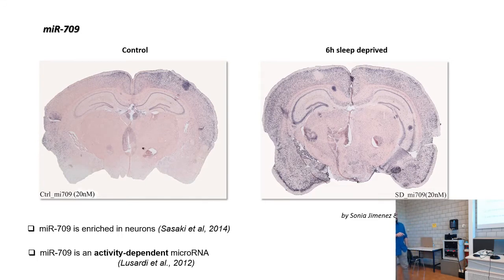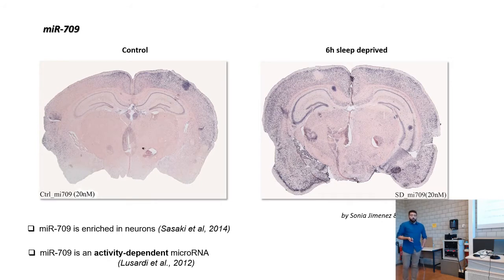So, what does this all mean? Basically, this is a brain slice from a control mouse, a non-sleep deprived mouse. The difference that I hope you can see in the signal, the small blue dark dots that are increased in this slice, means that 709 levels have been upregulated after 6 hours of sleep deprivation.